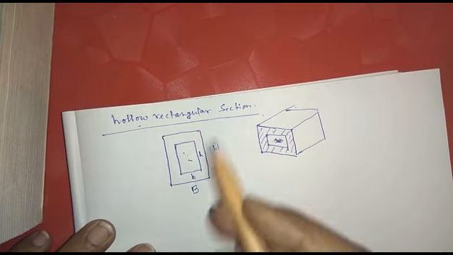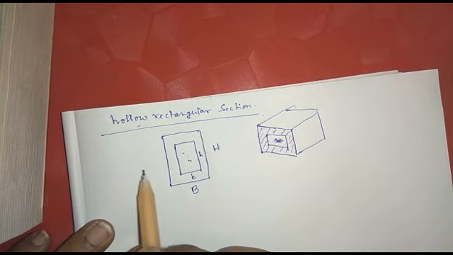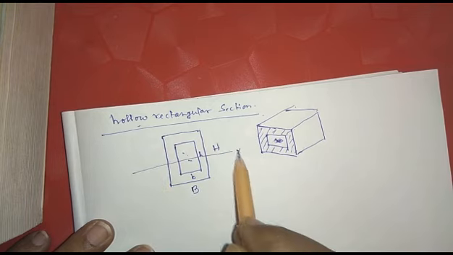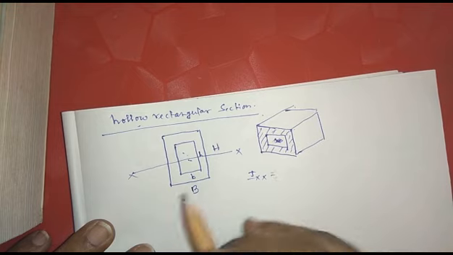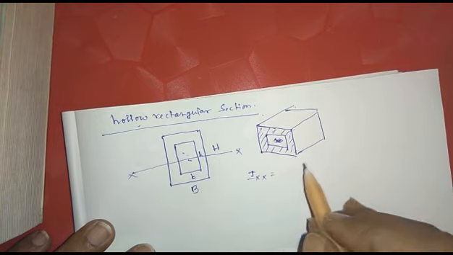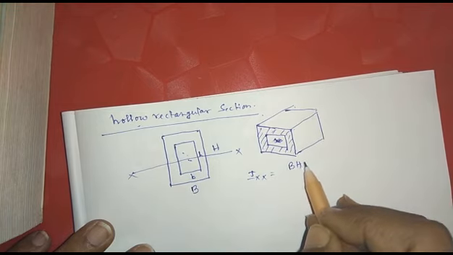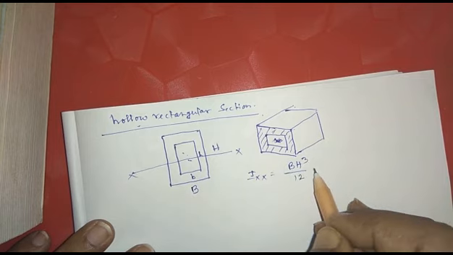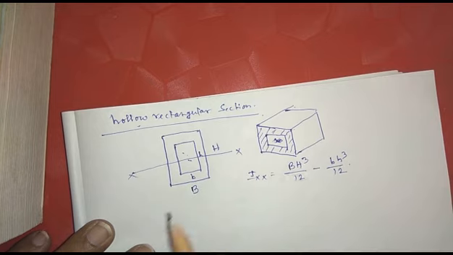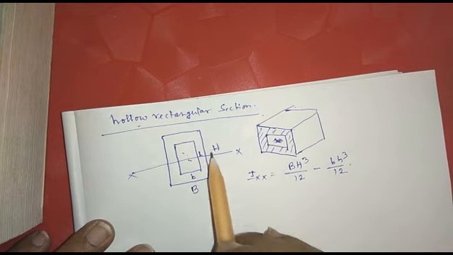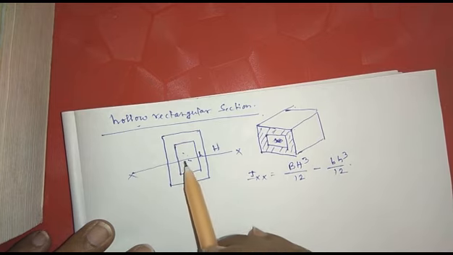So if I want to calculate the moment of inertia of this hollow section about the centroidal x-axis, it will be simply the moment of inertia of the outer one, that is b h cube by 12, minus the moment of inertia of the inner one. So you are subtracting the hollow section.